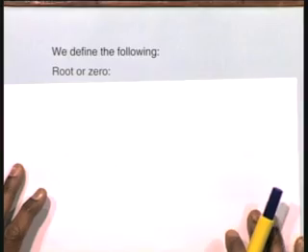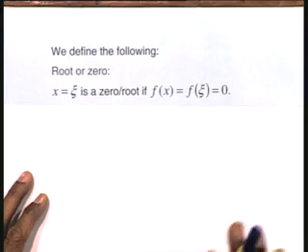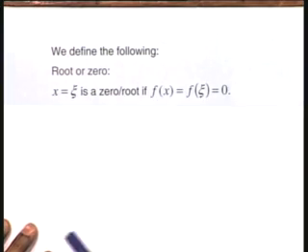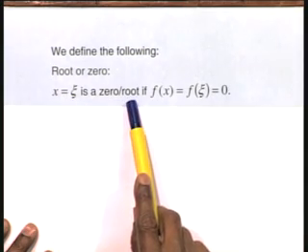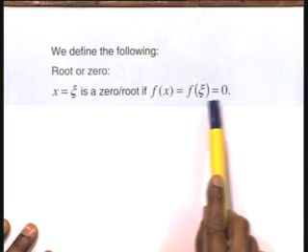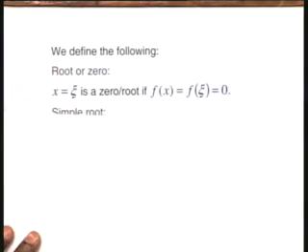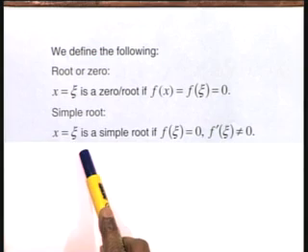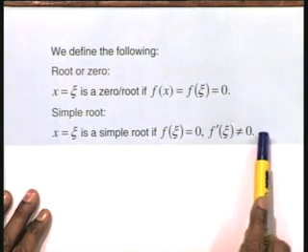Now we define some of the concepts for finding the roots of the polynomial. We would like to first define a root or zero, which you know already, but let us just revise what we mean by that. We shall take x is equal to xi an exact root or a zero if f(x) at xi is equal to 0. We will use both the words zero or root for the equation. Now this root will be a simple root mathematically if f of xi is 0, but f prime of xi is not equal to 0.